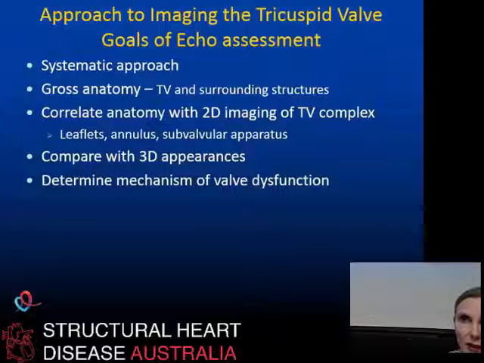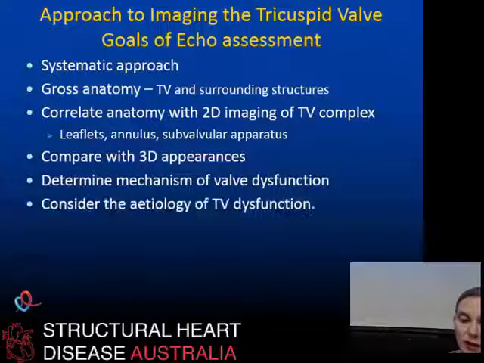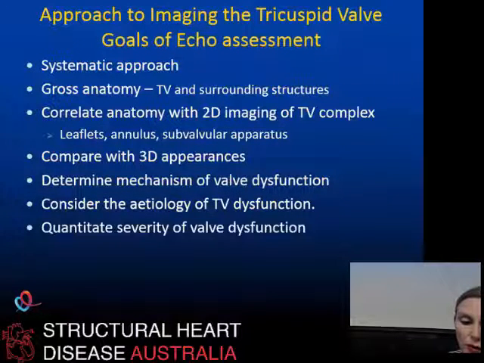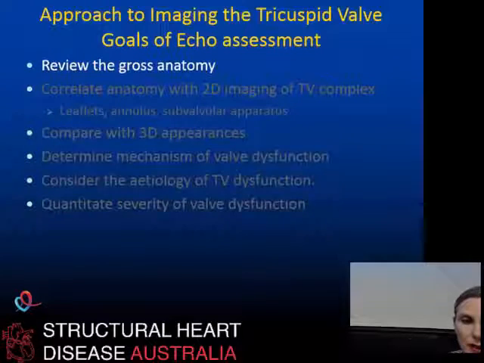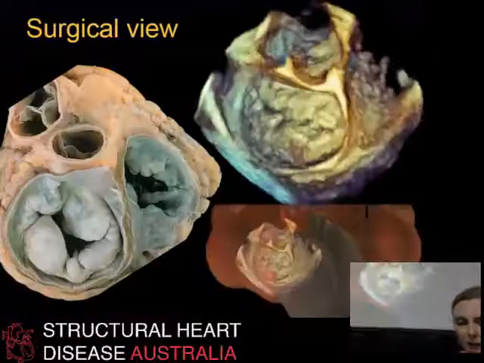And then we're in a position to determine the mechanism of valve dysfunction and postulate an etiology for the problem and quantitate the severity of the dysfunction. Let's review the gross anatomy.